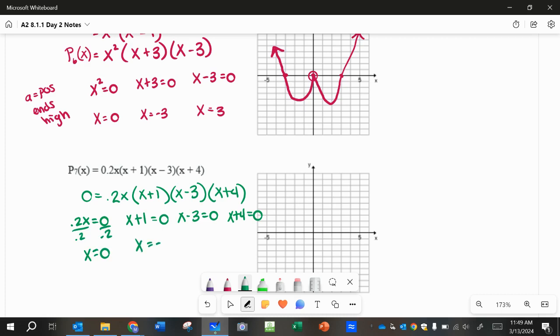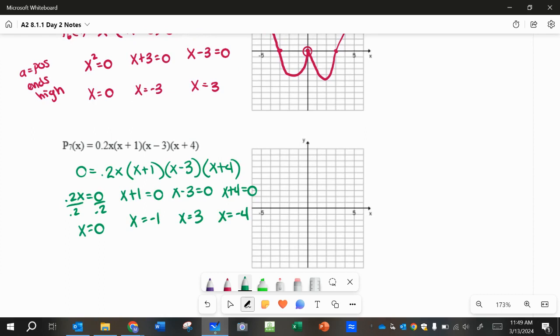Subtract 1, I get negative 1. Add 3, I get 3. Subtract 4, I get negative 4. And I don't see any squares or cubes, so nothing is bouncing or anything, so they all go through. So here's 0, here's negative 1, positive 3, and negative 4.